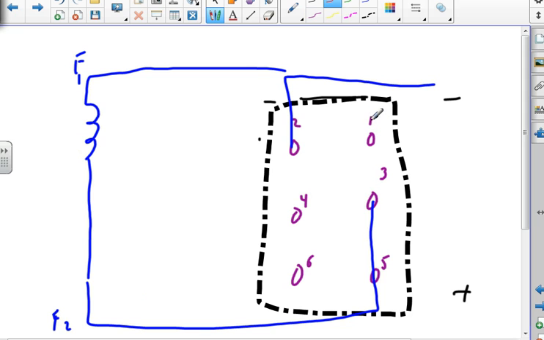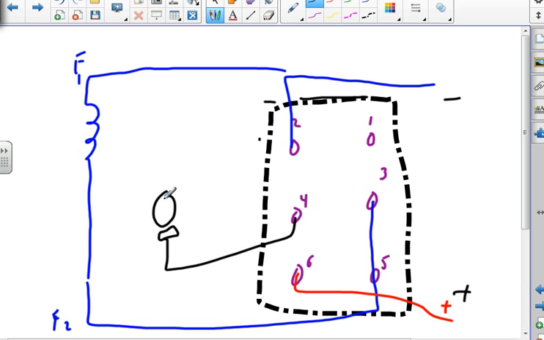Then we're going to have positive coming into 6, and then the 4 guy going into the armature, A1, and then out the armature A2 into 1. Alright, so now I've done that. I draw exactly what is already there.